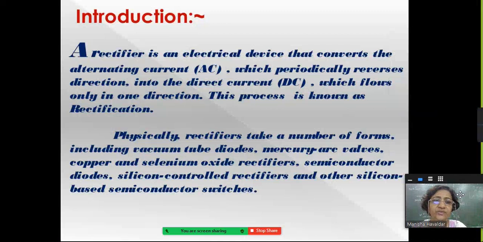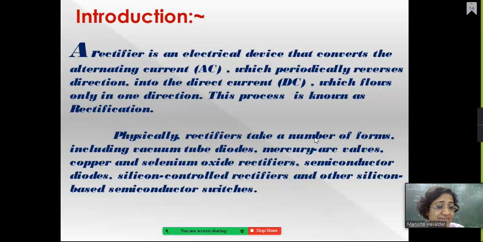This is the introduction of semiconductors, or use of semiconductor as a rectifier, right? A rectifier is an electrical device that converts the alternating current, which periodically reverses direction. Alternating current means the current or the voltage which reverses its direction periodically.